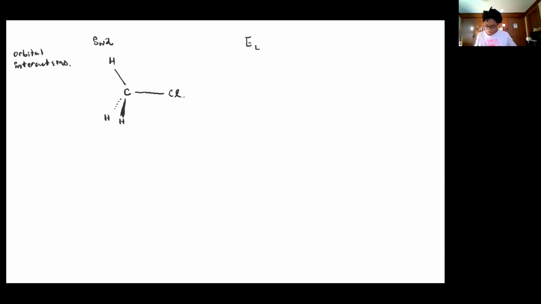Remember, going back to the beginning of class, when you have a heteroatomic bond, so the atoms are not equal, the bonding orbital is polarized towards the more electronegative atom.